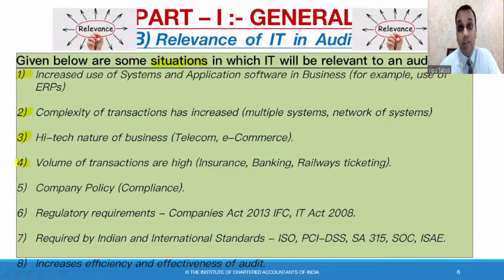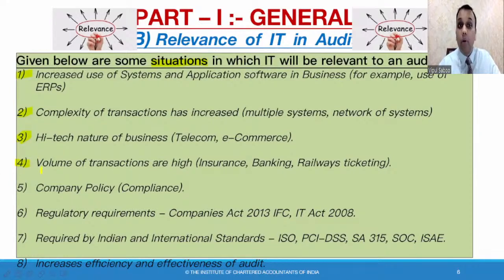Real-time updation is there. The person working on the window is booking a ticket for you. It is getting updated in the central server. The same moment somebody may be booking a ticket online by using the app. So you see the volume of transactions every minute in a particular city, state, the whole of India, many people would be booking tickets.